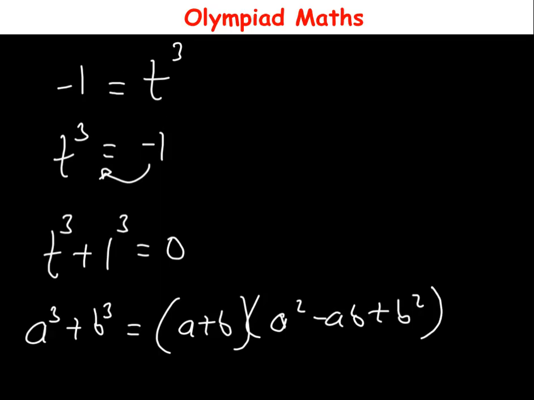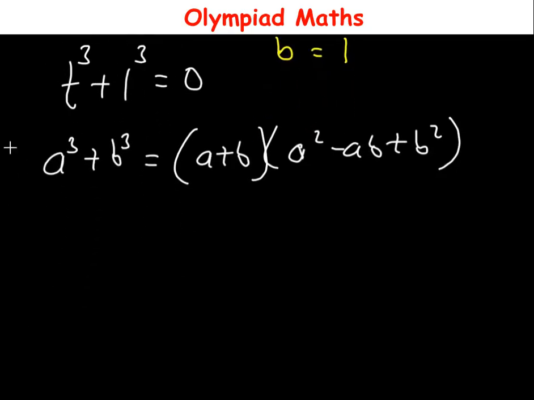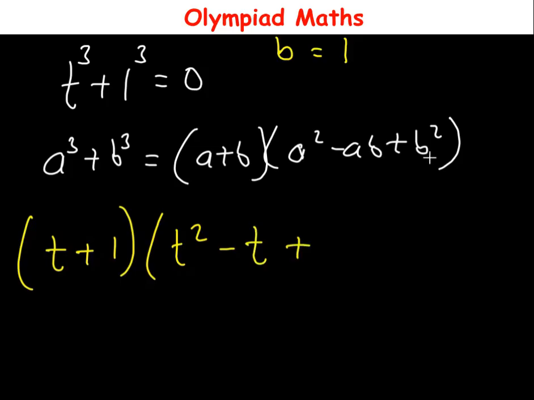And in this case, the value of a is t, while the value of b is equal to 1, such that if we are to expand this, this is then equal to, in brackets, a is t plus b is 1, all multiplied by a is t, so t squared, then minus a is t times b is 1, that is t, plus b is 1, so 1 squared, that is the same thing as 1, is then equal to 0.